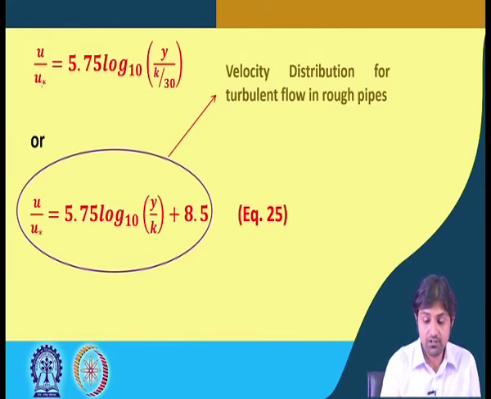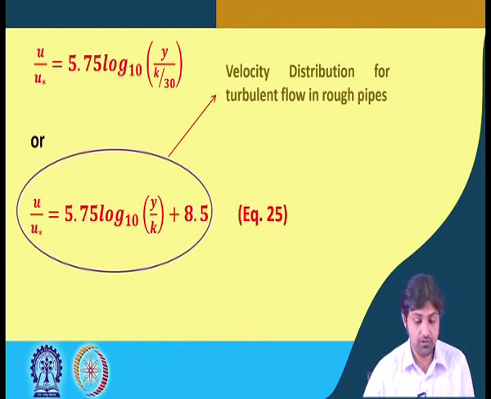Now you see, this is the velocity distribution of turbulent flow in rough pipes.